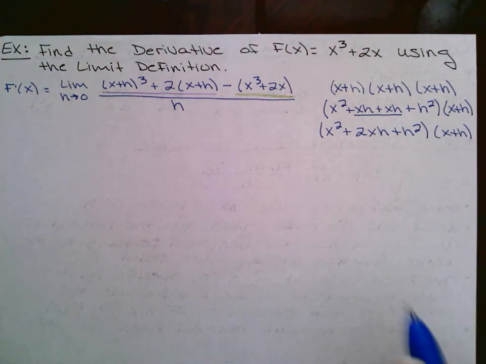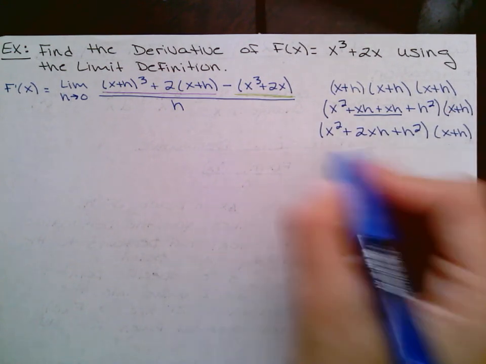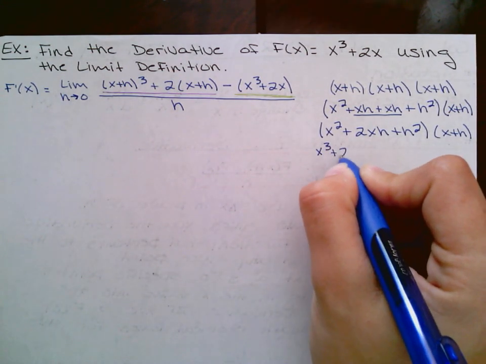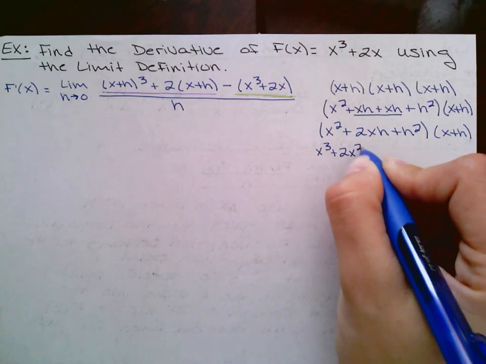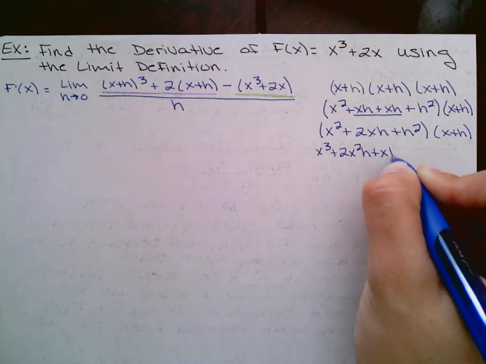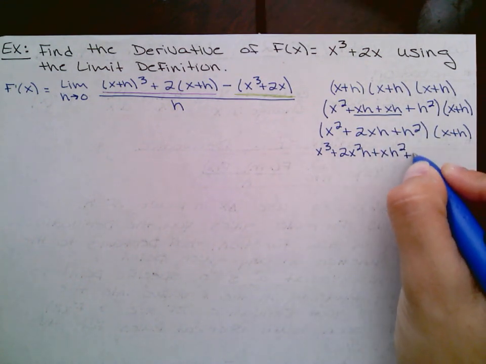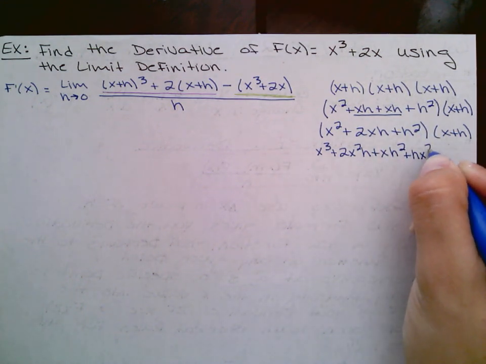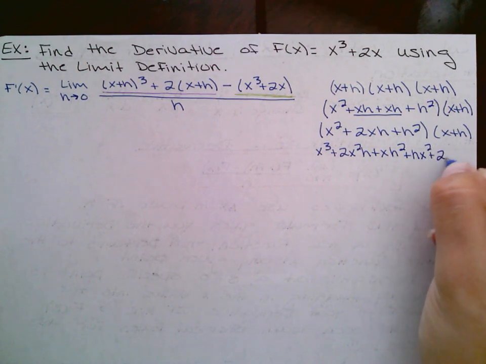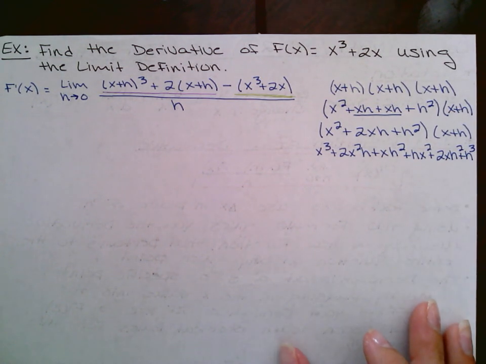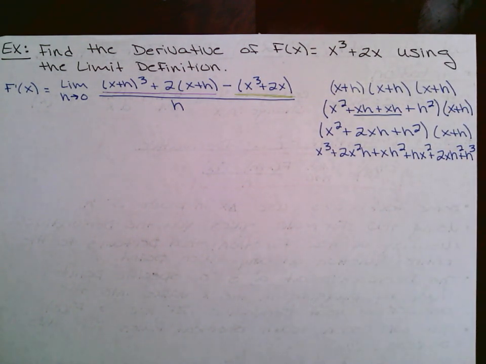Okay? So now x times all 3 of these. And then h times all 3 of those. Oh, I'm running out of space. There we go. Now, I'm going to combine any like terms.